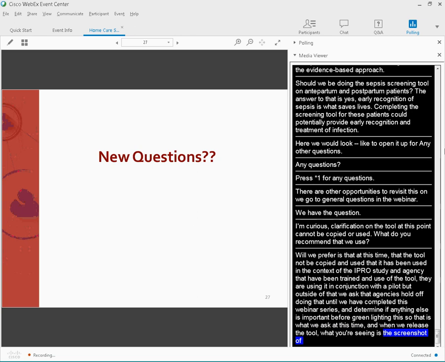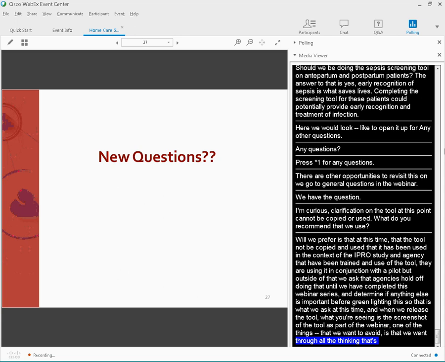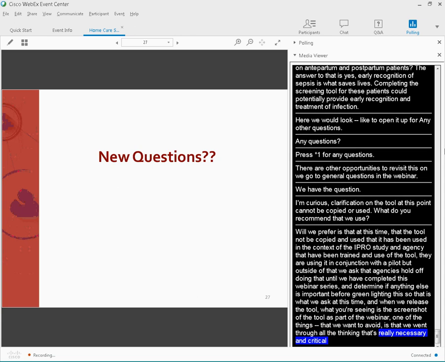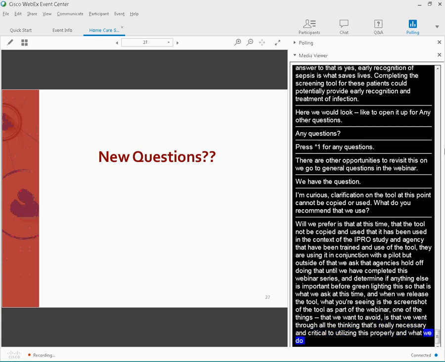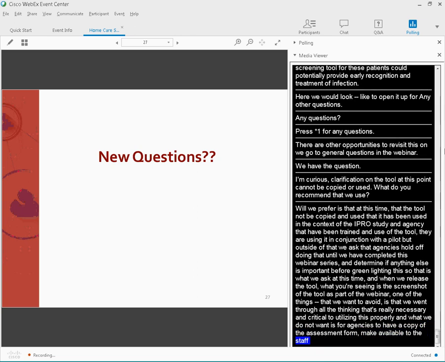One of the things that we want to avoid, and I just want to elaborate a little bit, is that Amy went through all of the thinking that's really necessary and critical to utilize this properly. And what we don't want is for agencies to have a copy of the assessment form, make it available to their staff, and then the folks use the assessment on start of care or resumption of care or on reassessment, or aren't really using it correctly.